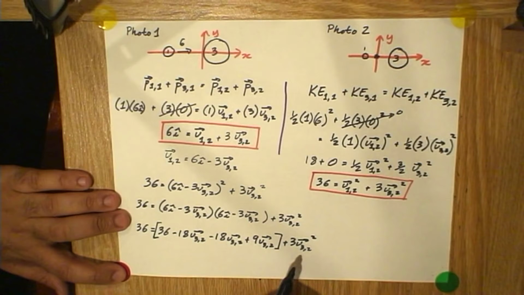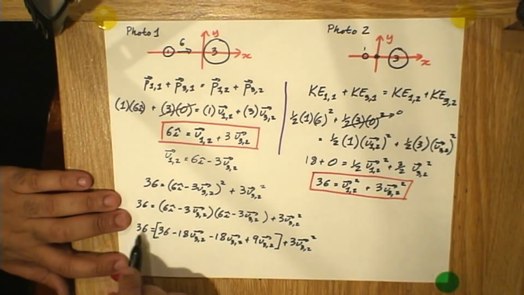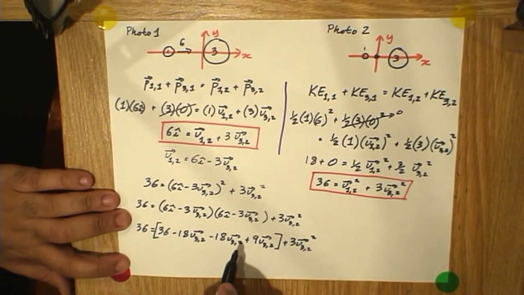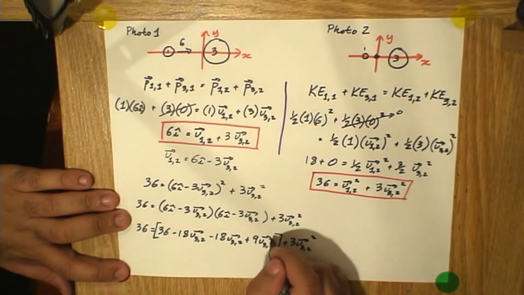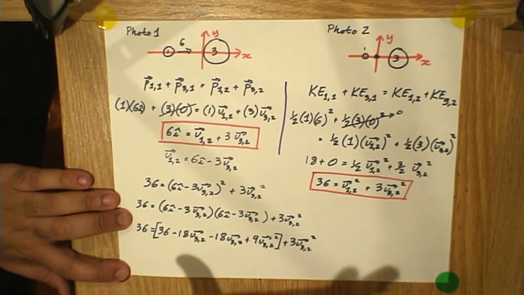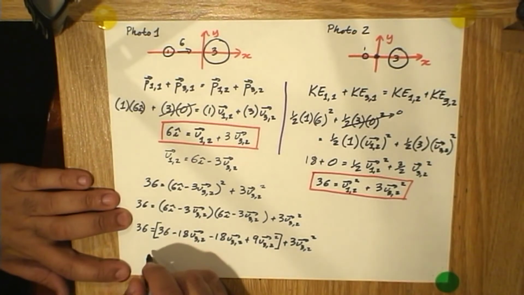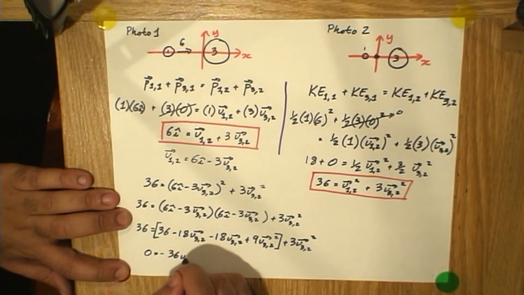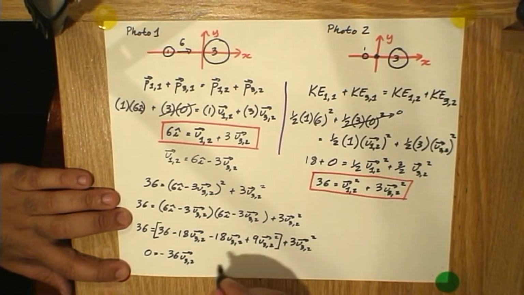We can simplify this, obviously. 36 and 36 are there on both sides, so that's going to cancel out. Negative 18 and negative 18 will combine, and we can also combine the V32 squared terms as well. So if I simplify all of this, I end up with 0, as 36 and 36 cancel, equals negative 36 V32 plus 9 plus 3 gives us 12 V32 squared.